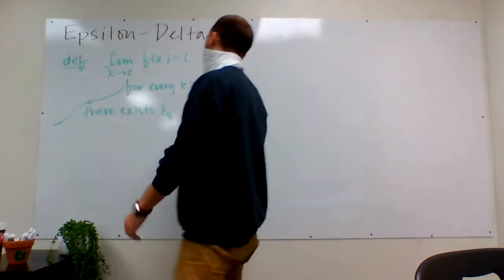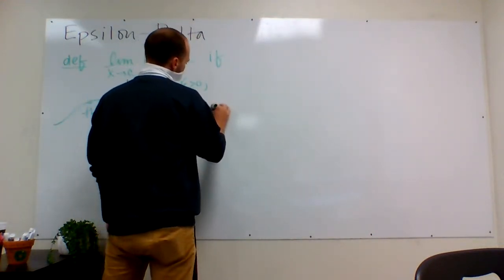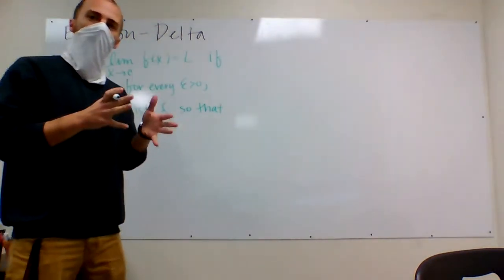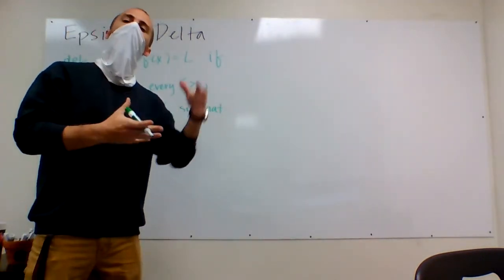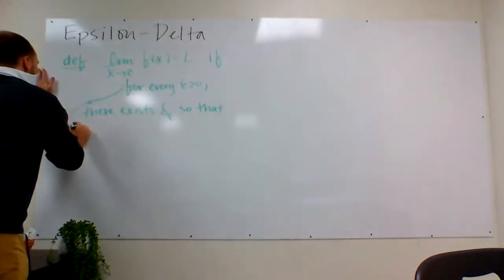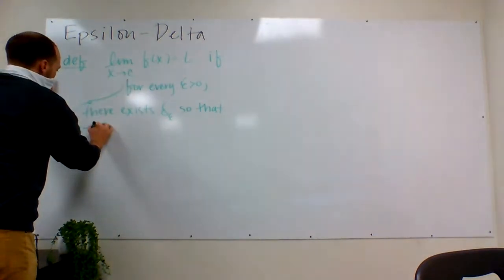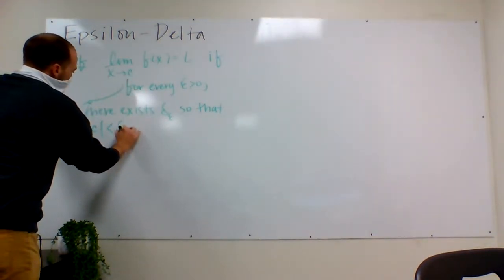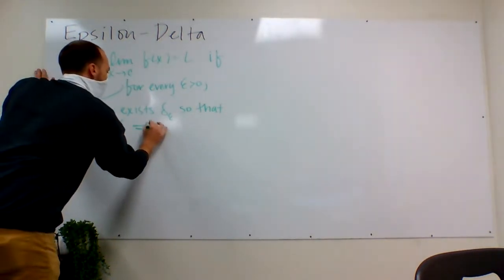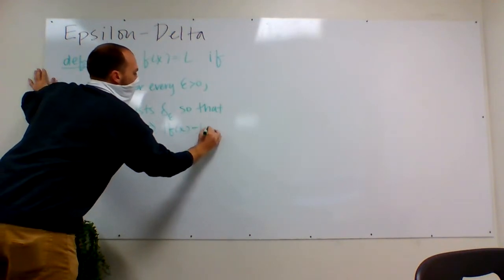There exists a delta which depends on epsilon so that anytime we're within delta in the x range, we will guarantee to be within epsilon in the y range. So that if the absolute value of x minus the x value we're interested in is less than delta, then f of x is within epsilon of the limit.